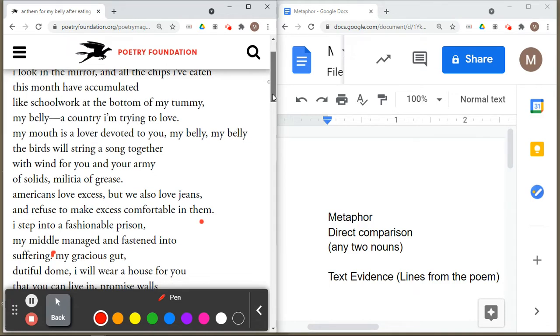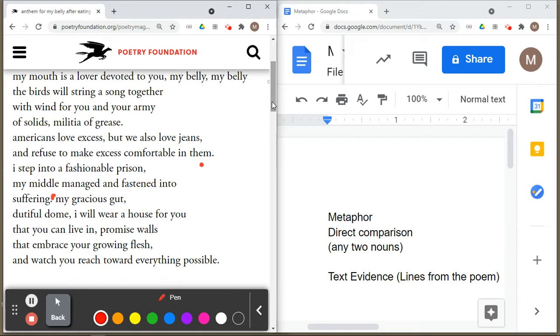Americans love excess, but we also love jeans and refuse to make excess comfortable in them. I step into a fashionable prison, my middle managed and fastened into suffering. My gracious gut, dutiful dome, I will wear a house for you that you can live in, promise walls that embrace your growing flesh, and watch you reach toward everything possible.